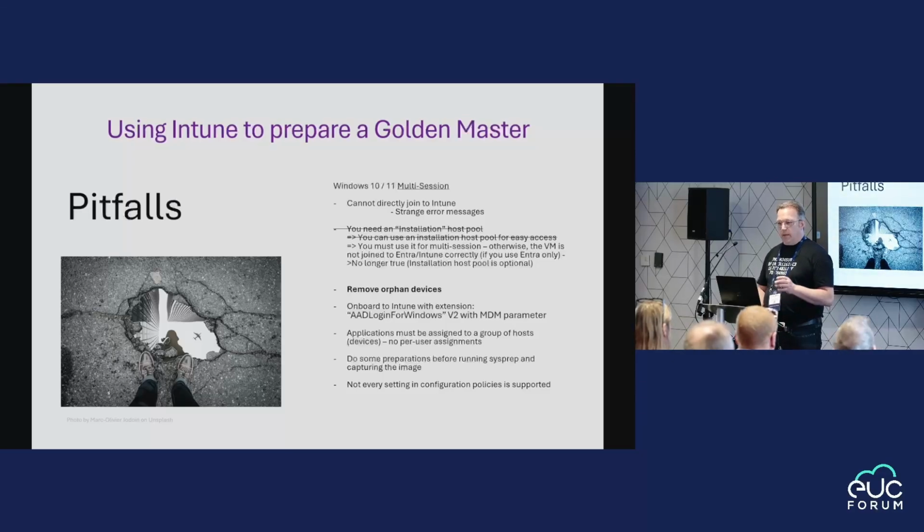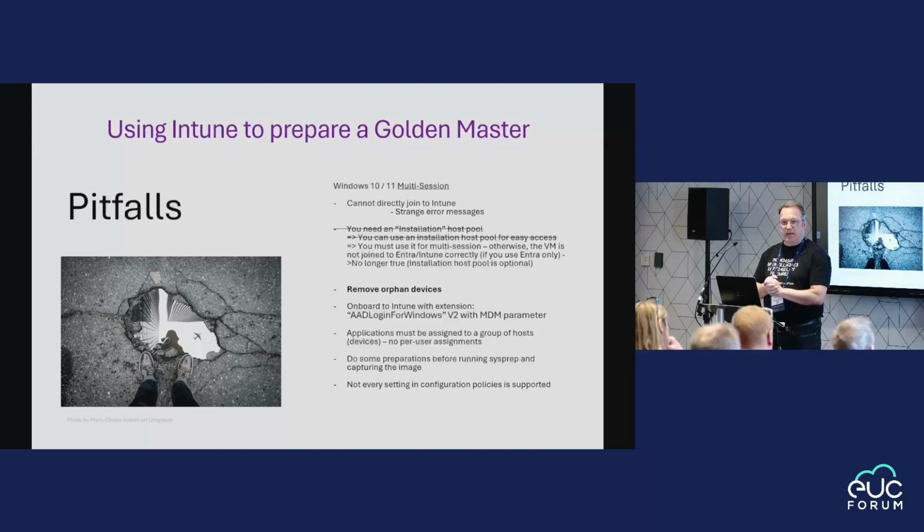What we also have to keep in mind, we are preparing a Golden Master so the application should be installed at machine level, so we need a device group where our Golden Master is a member, and that is what we can use in Intune to assign the application. Then after an unspecified time, we will see that all the applications get installed on our Golden Master.